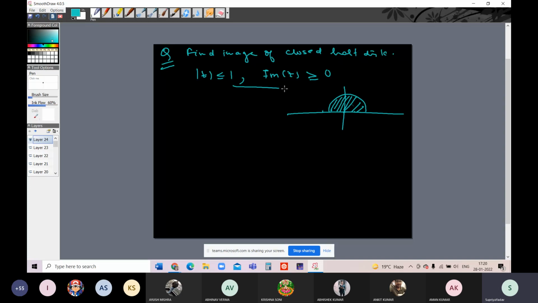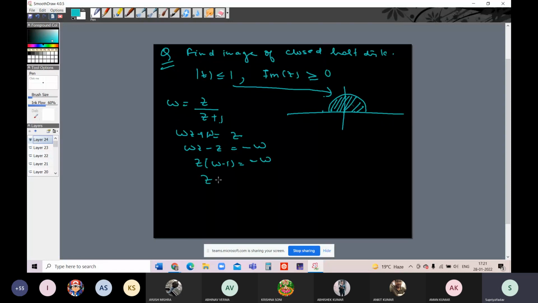And we have to find its image under the bilinear transformation w = z upon z + 1. Again we have to write this z in terms of w. So w(z + 1) = z, so wz − z = −w, and z(w − 1) = −w.